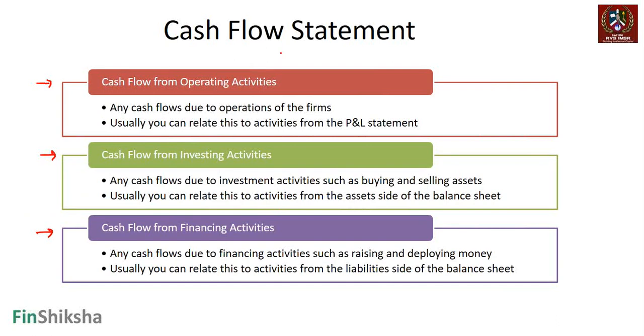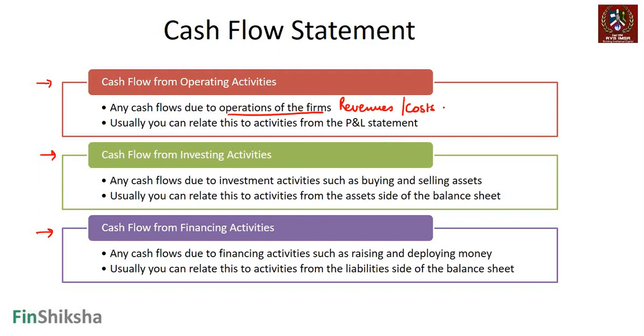So when we divide the cash flow into these three segments, based on how much money is coming in and how much money is going out on either of these activities, we create the cash flow statement based on that, right? And that means that cash flow from operating activities would mean any operations of the firm. Remember, we said revenues and costs. Anything that are coming on this front, cash going in, cash going out, because of that is going to come in on cash flow from operating activities.